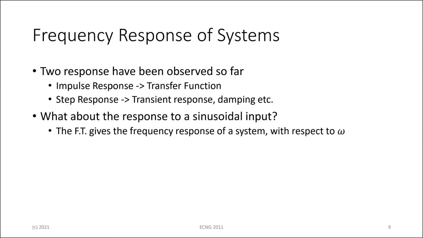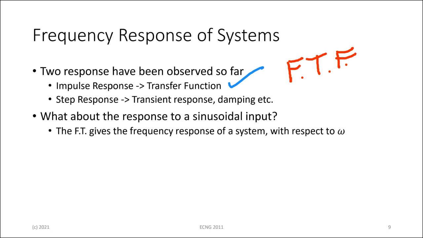All right. So we've watched something so far. We saw, and we started talking about this even before we looked at the Fourier transform, that the impulse response of a system gives us a transfer function. So in the Laplace domain, we get the transfer function. In the frequency domain, we get a version that we call the Fourier or the frequency transfer function.